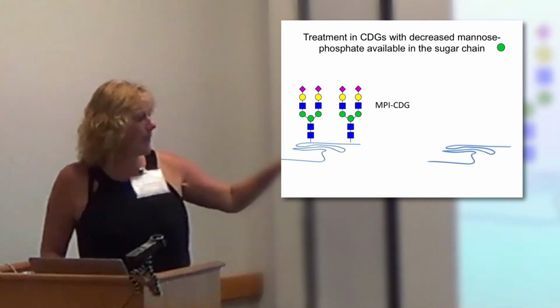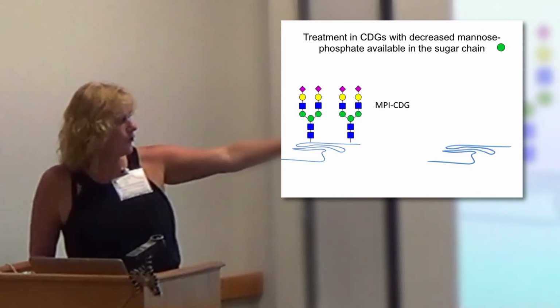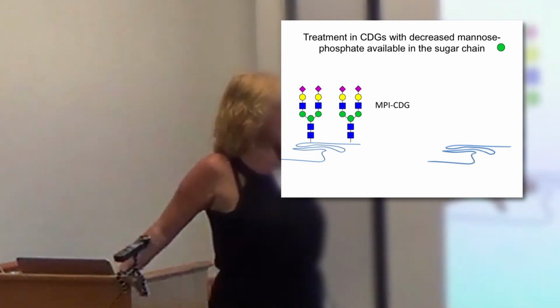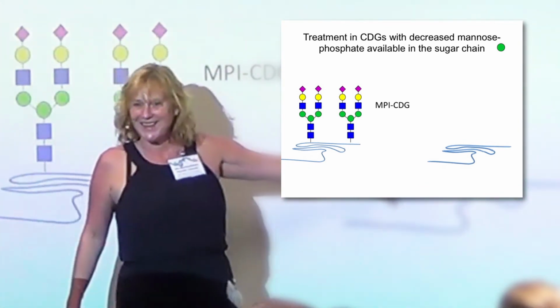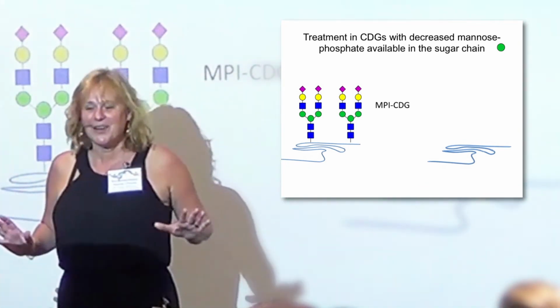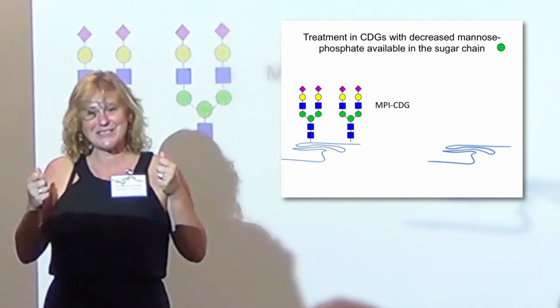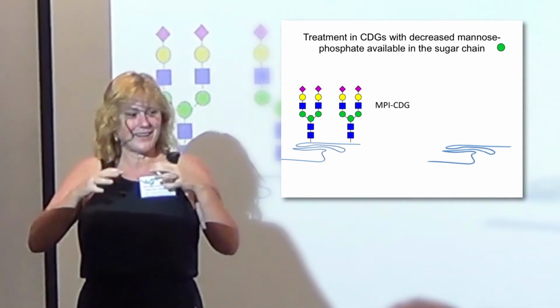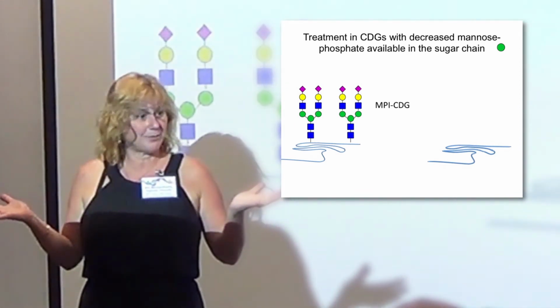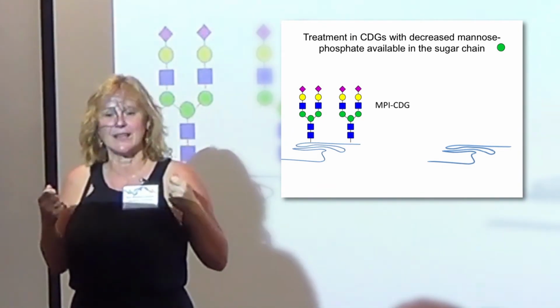The only thing I want to mention here, that although that protein is empty here in CDG1B, when you give the mannose, that will slowly fill up and it will appear again and the proteins will be all nicely glycosylated.